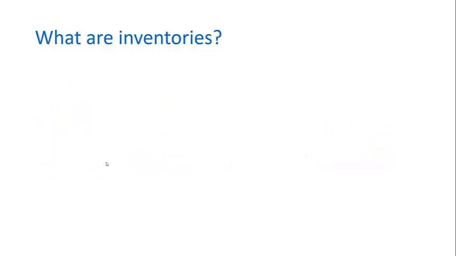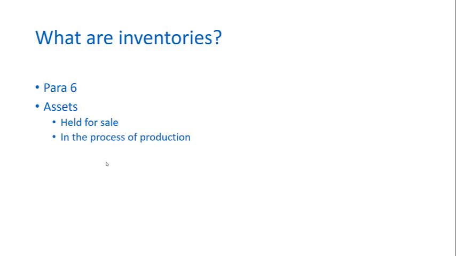The first thing you need to focus on is where the standard describes its application. And this is often done through definitions, and we can see this done in paragraph 6, where we have a definition of inventories. Inventories are assets which are held for resale, so inventory sitting on the shelves of a retailer.